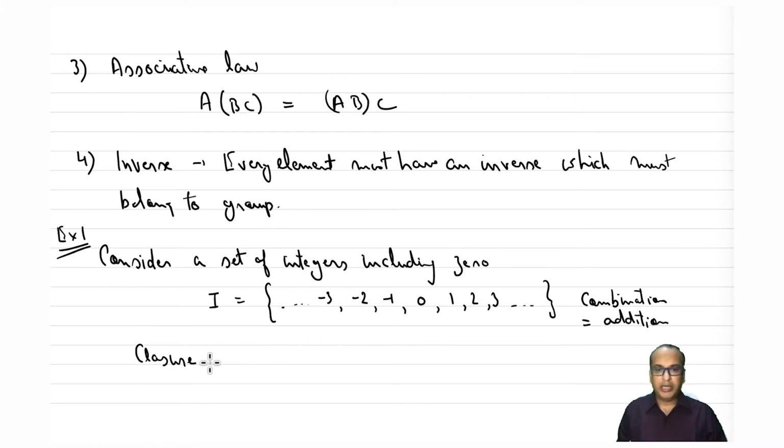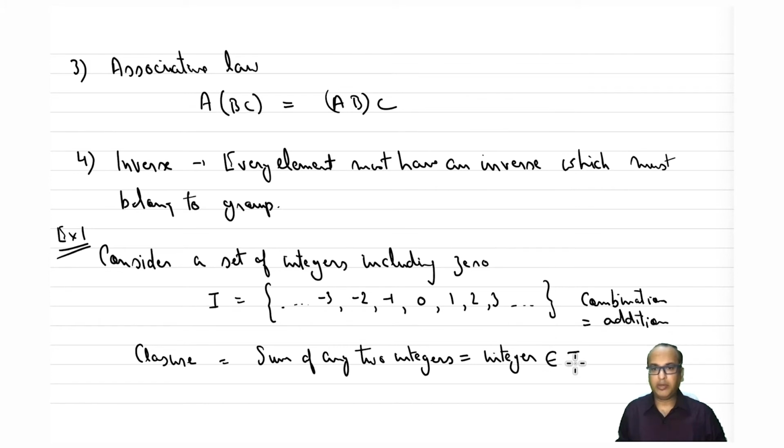So closure property tells you that sum of any two integers is an integer, and this will belong to group I, right? So you can take any integer from this, and if you take a sum or combination, the result will belong to I. So the first property is valid.